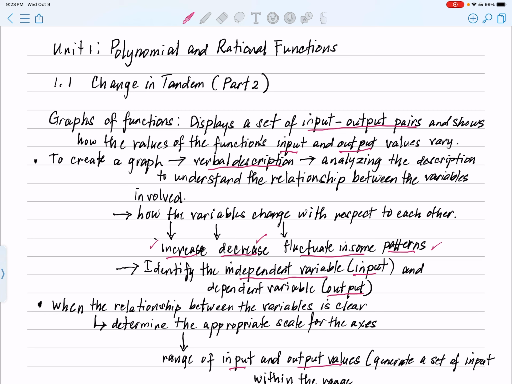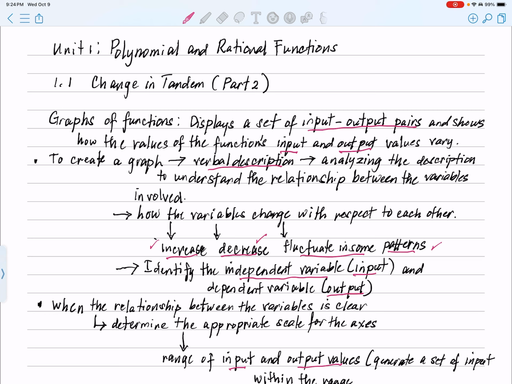Now in part 1, we talked about the graphs of functions, that is, a graph displays a set of input and output pairs and shows how the function's input and output values vary. To create the graph, we have to do the verbal description. So what is the verbal description?